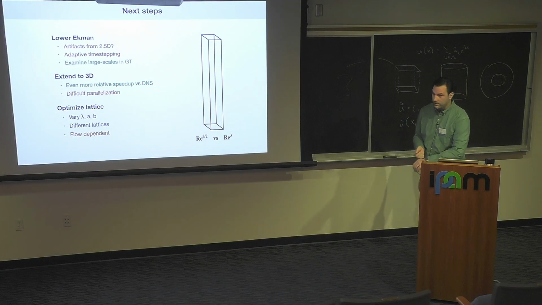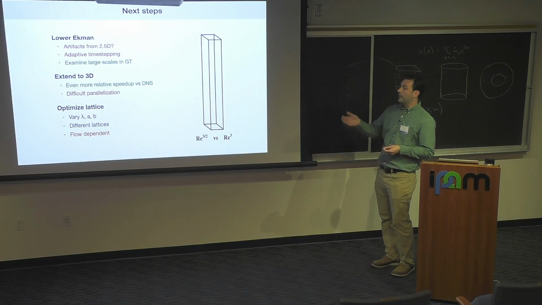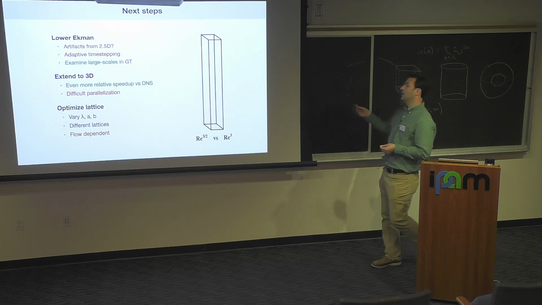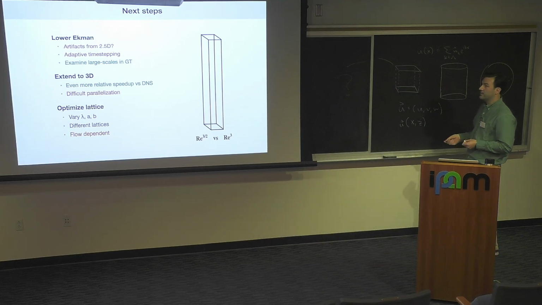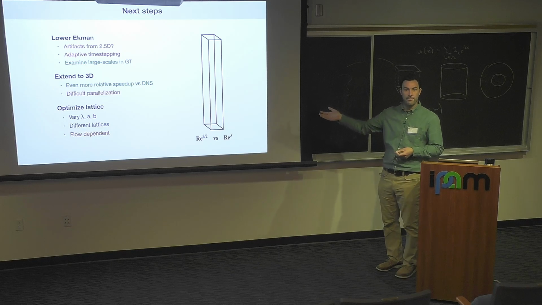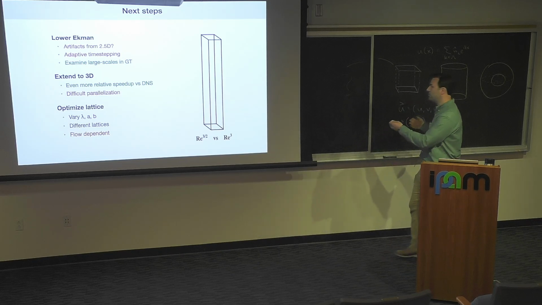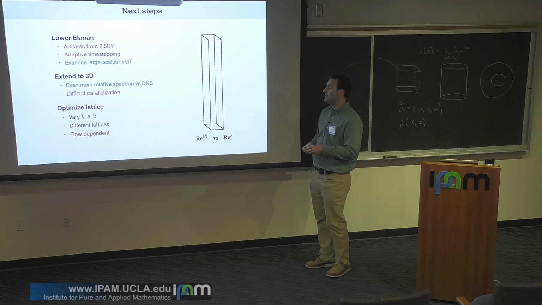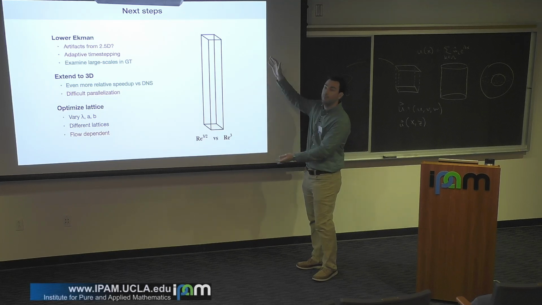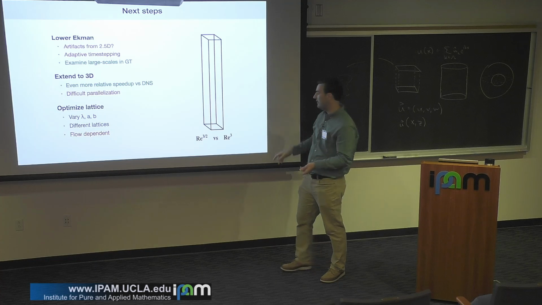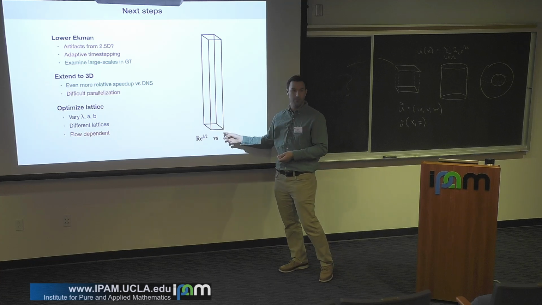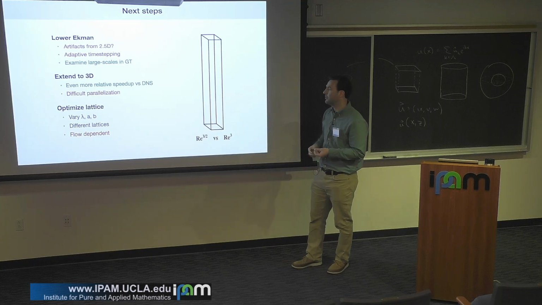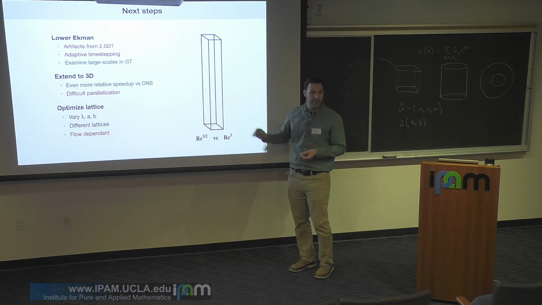Just a couple words about extending to 3D. We haven't done any 3D yet, but 3D here is very tempting because you get an even larger relative speedup versus DNS, because now you have two dimensions that are compressed. It's hard numerically because the numerical domain is now extremely anisotropic. We basically have something like 100 modes by 100 modes by 32,000 modes, and that's really hard to parallelize.